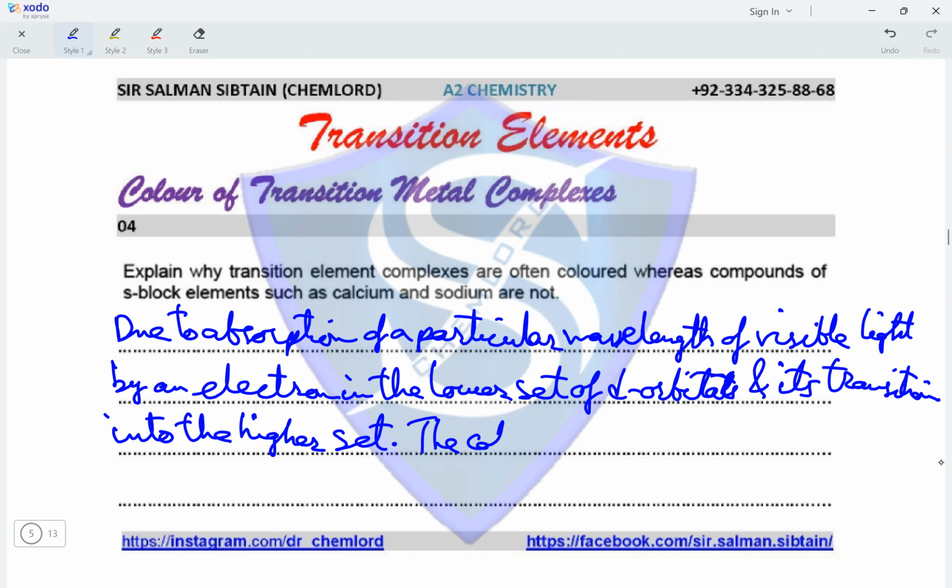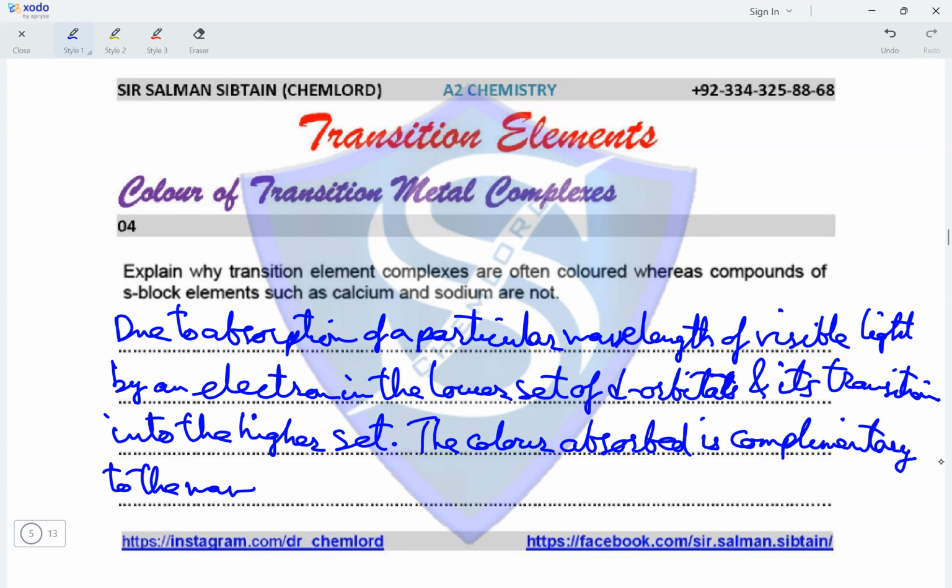The color absorbed is complementary to the color observed. So this is what happens in transition elements.